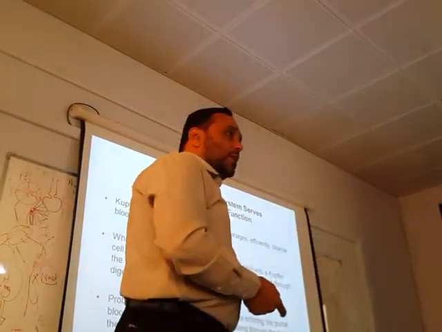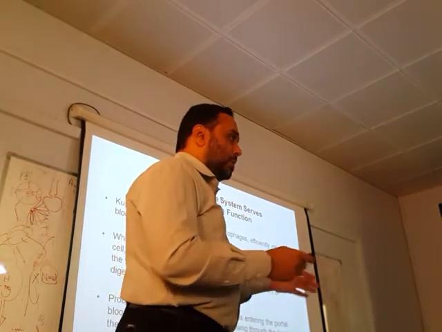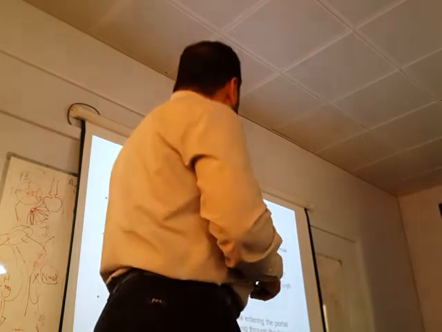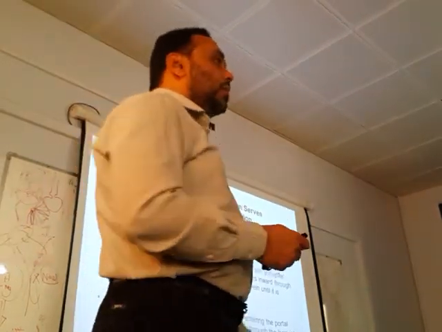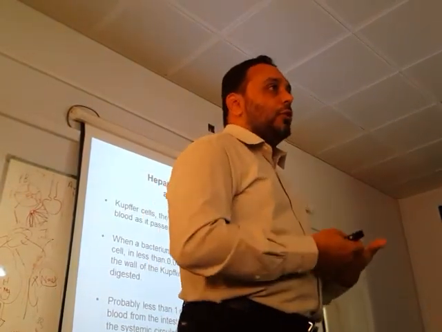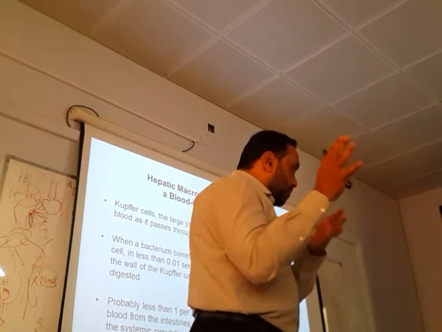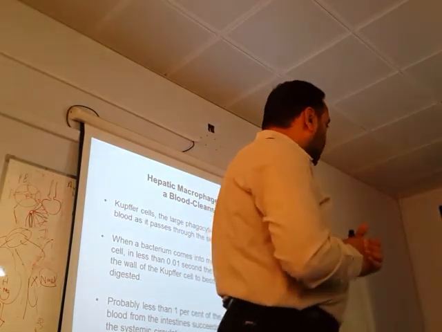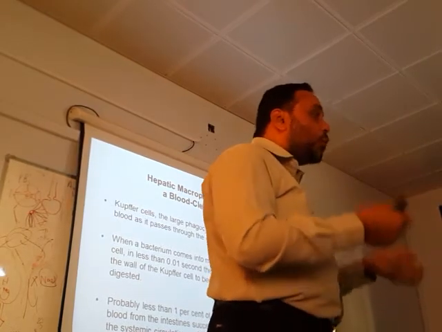There is a cell in it called the Kupffer cell. The hepatic macrophage system serves a blood cleansing function, and it is one of the very important checkpoints in the body. As you know, the GIT is one of the systems, like the respiratory system, that is exposed to the outside of the body, and hence very prone.